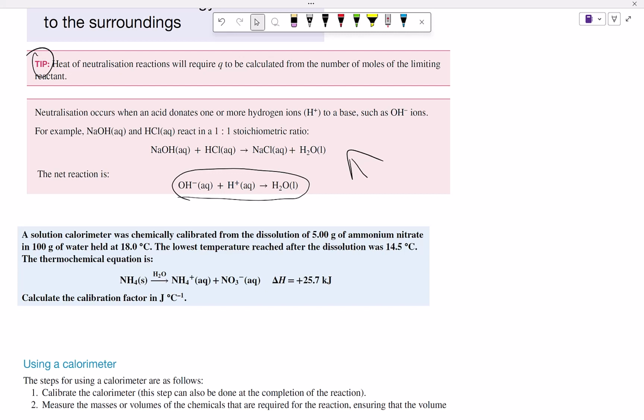The lowest temperature reached after dissolution was 14.5. So we know straight off the bat that we can get the delta T, and that would be 14.5 minus 18, so that would be minus 3.5.